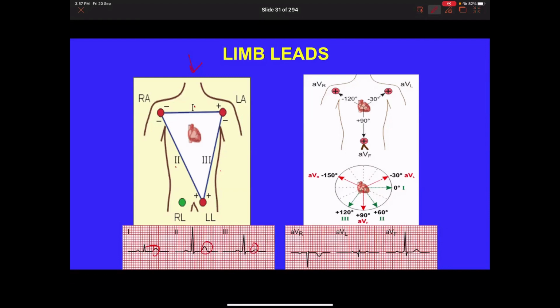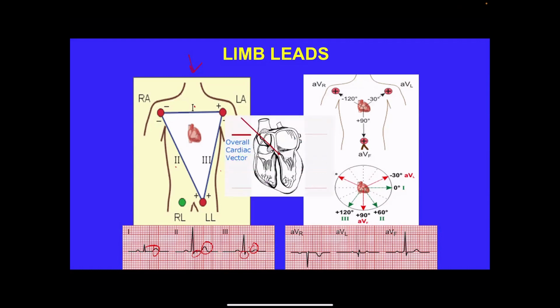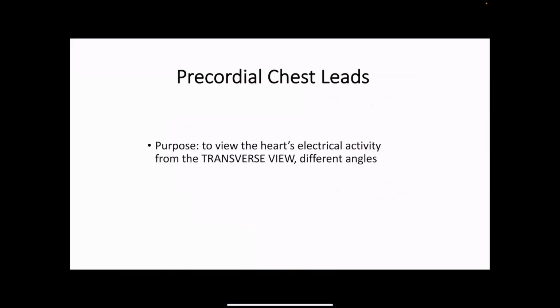If the depolarization is going in the opposite direction, it will deflect negatively, going down. It's the exact same concept of what we explained with the cells in the beginning. You need to remember where lead 1, lead 2, and lead 3 are placed: right arm, left foot, triangle, everything. So this is what the limb leads are.